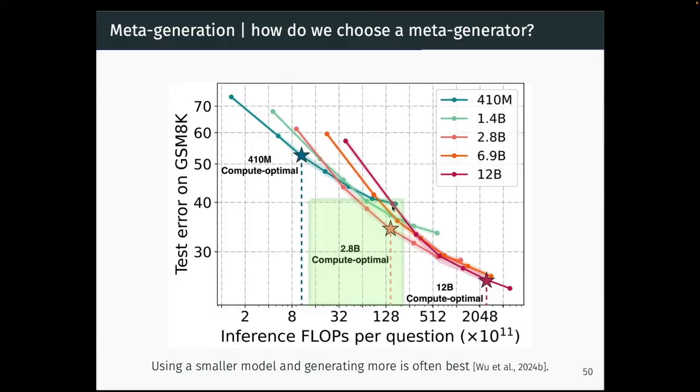One reason this is interesting is that if you only look at the training scaling laws, maybe you would think the larger model is better. But then you have this other axis of how much you're generating given some generation budget.